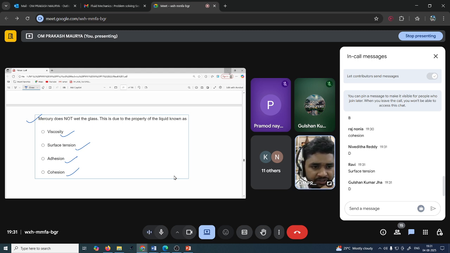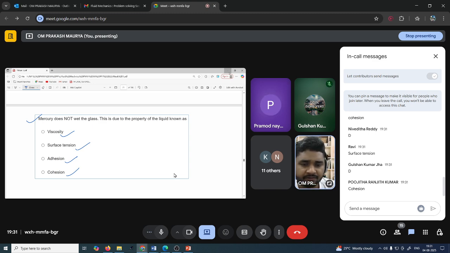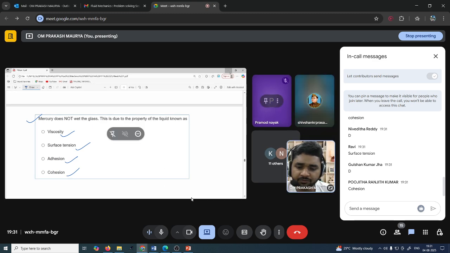Reddy is telling option D, that is cohesion. Gulshan is also telling cohesion, option D. Ranjit is telling cohesion. Pramod is telling cohesion. Okay, good response.